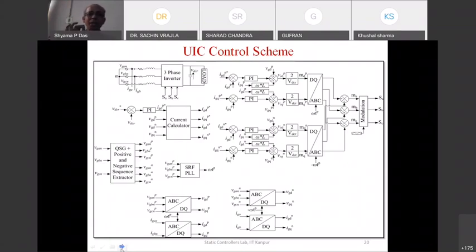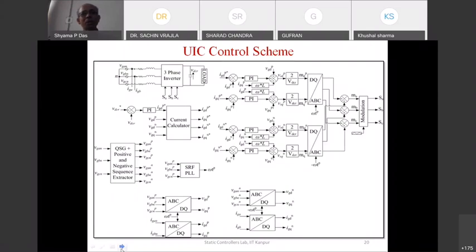So if we want to increase the active power, suppose we have to charge the capacitor. The load is discharging the capacitor, but the charging action has to be done by the three-phase inverter. And this power has to come from the AC grid. So if you want to increase the capacitor voltage, IGD has to be more.